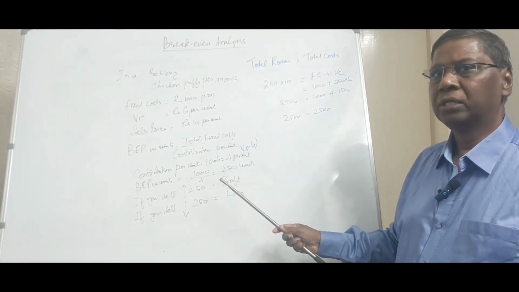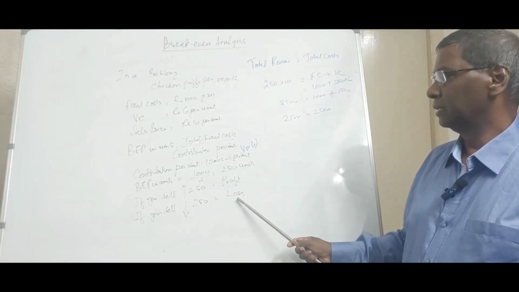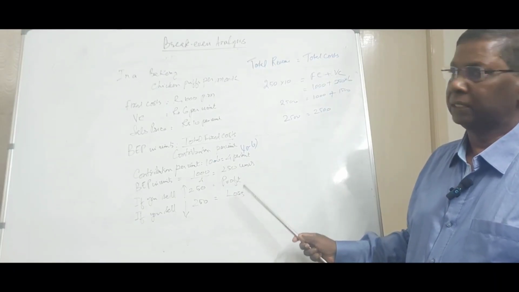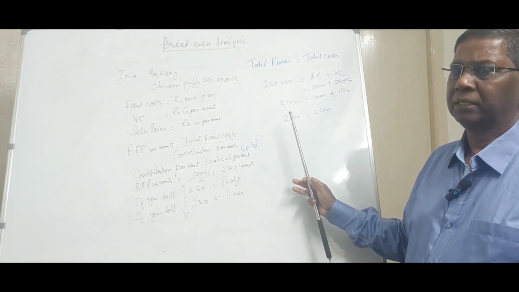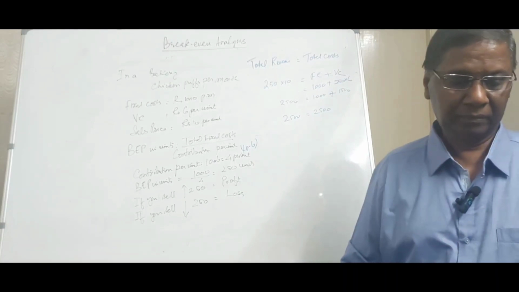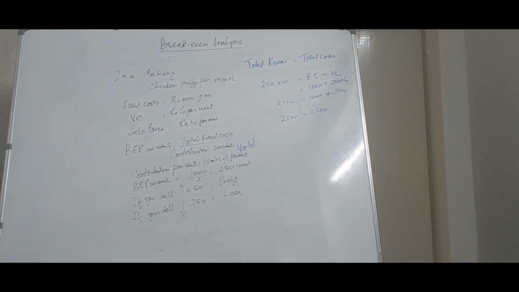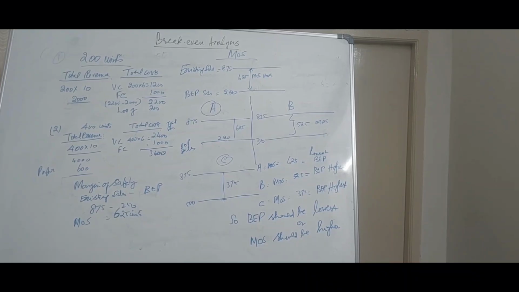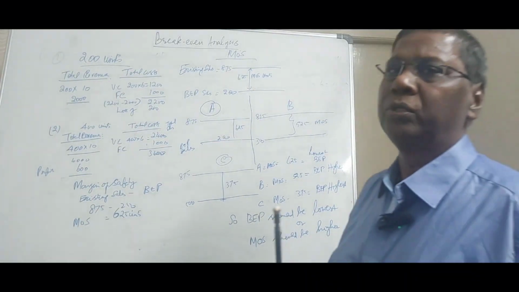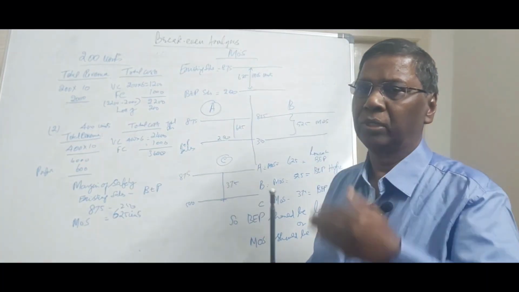Let us now find out how it happens. Already, I just told you that the break-even point is 250 in that particular example.